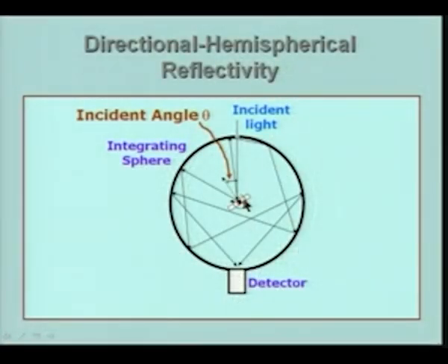And if the sample is opaque, we can relate the reflectivity and the absorptivity, and therefore this can be used for measuring the absorptivity of the surface also. It is nothing but 1 minus the reflectivity.